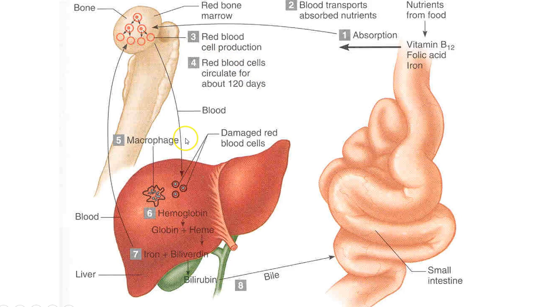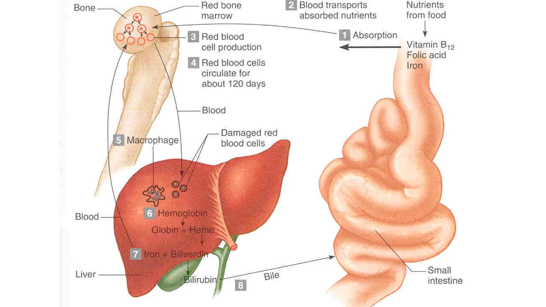The heme is going to be broken down, and the heme cannot be recycled back into the body. So it's going to go into the liver. In the liver, it's going to become biliverdin, which becomes bilirubin, and then bilirubin goes into the intestines, and then it's excreted.